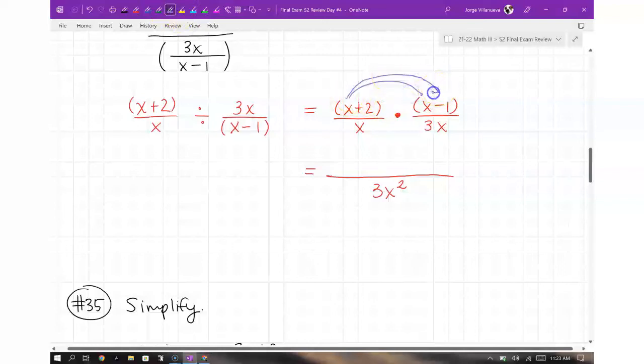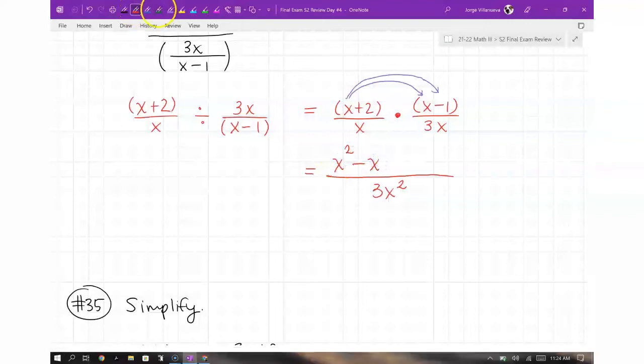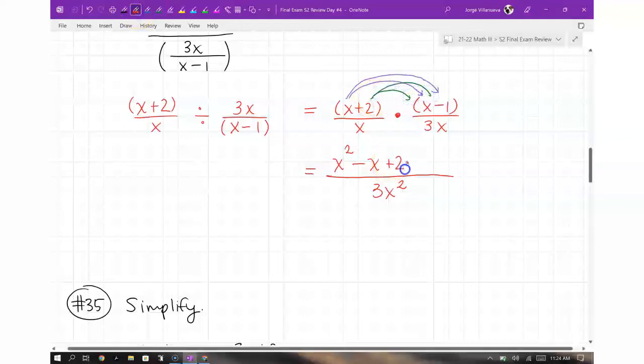That's going to become x squared minus x. And now distribute the 2. 2 times x and 2 times negative 1. That's going to be positive 2x minus 2. And then just simplify, and you're good. So this will become x squared plus x minus 2 over 3x squared. And this would be your answer.